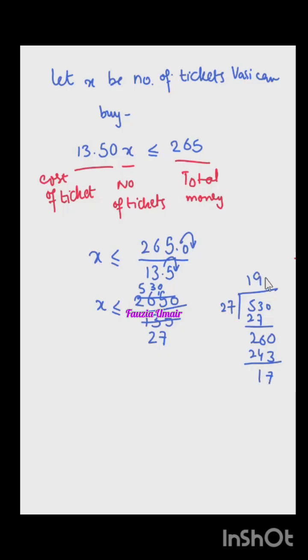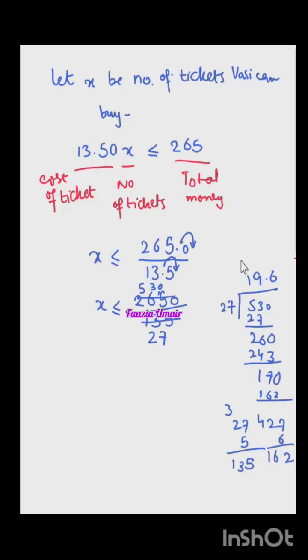So put a decimal here and then it will be 170. And then I need to check 27 into 5, and 27 into 6. 27 sixes are 162.